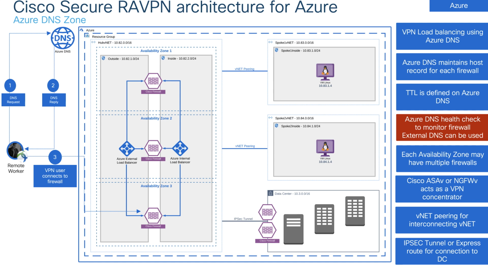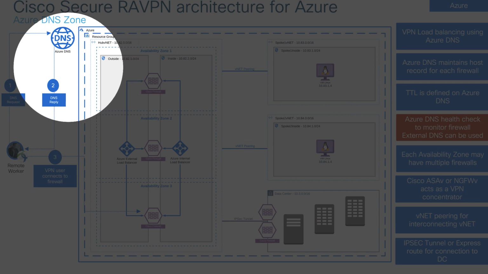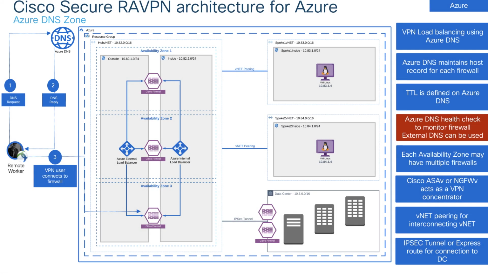You can define TTL on your DNS server. Remember, if you look at this domain name server, Azure DNS, it does not natively provide any kind of health check. So in the event of failure, your DNS is not going to be notified.